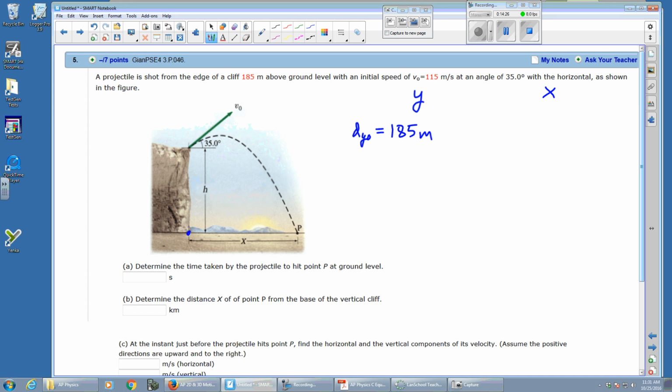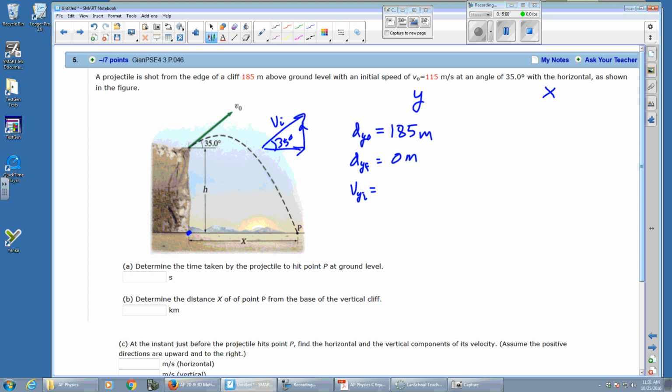I'm going to take the origin to be at the base of the cliff, and upwards and to the right is positive. Is that okay with everyone? Kind of go by convention here. So that means dy final is going to be 0 meters. Vy initial, if I think about my V initial, I'm going to have these two components with an angle of 35 here.